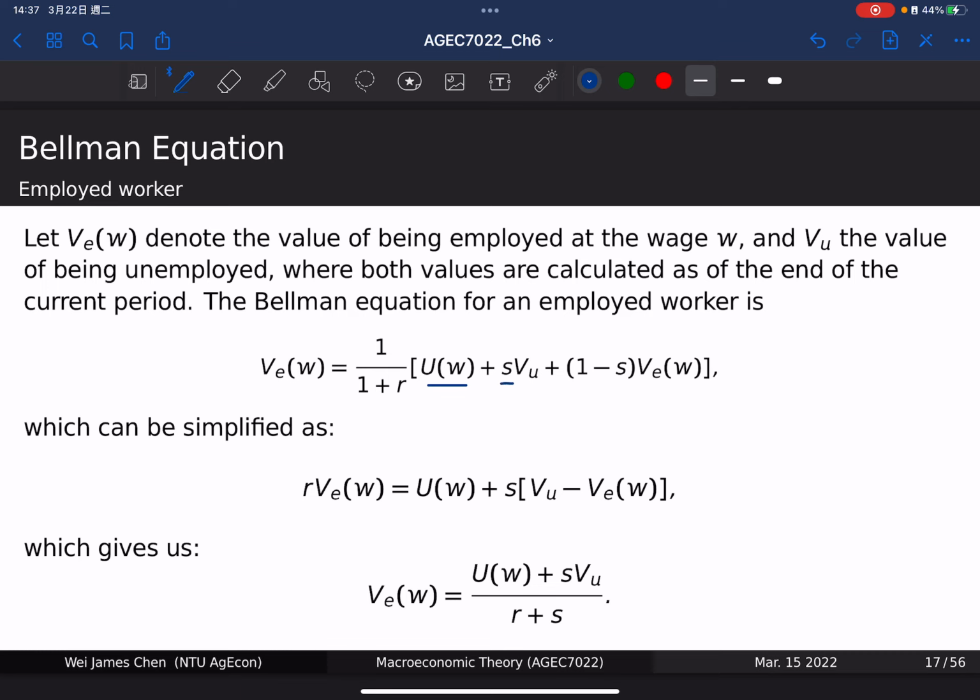So the separation probability times, if you're separated, you get the value VU. And then there's a probability 1 minus S that you're not separated, then you keep getting VE of W. Okay, so this is the Bellman equation. We can rewrite it and finally get this important form of VE of W.